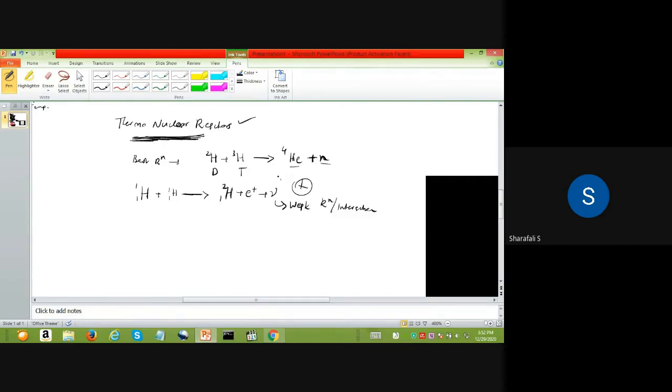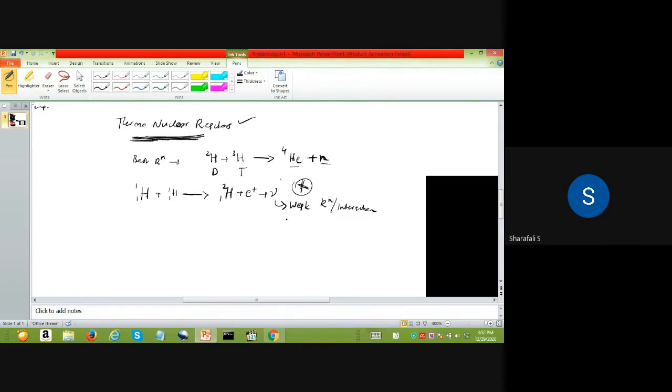But the nuclear fusion reaction will happen very quickly, in much less time. So this is not a reaction appropriate for nuclear fusion.